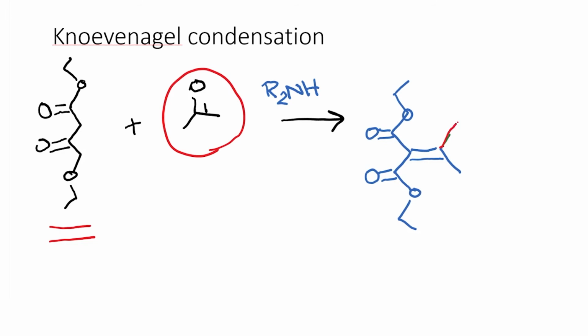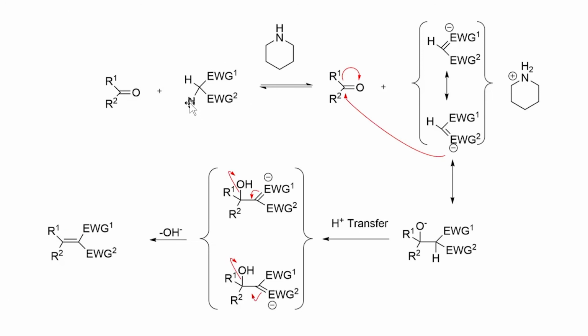So this would be CH3 and CH3, and the byproduct, of course, is water. The interesting thing is that this is a reaction which actually gives you an olefin. Again, let's just follow the same principles that we are very much used to.